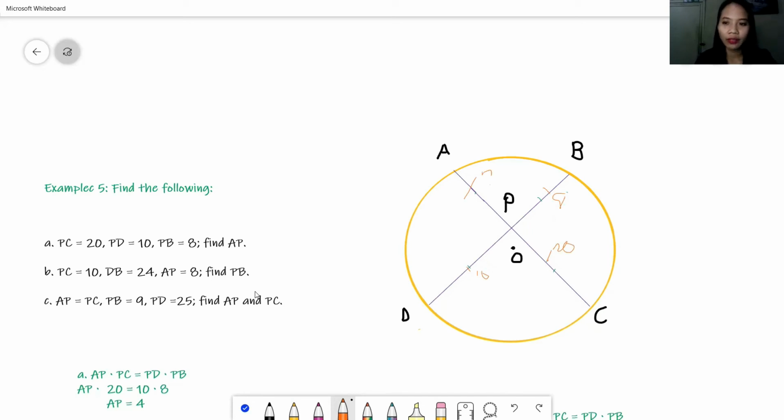So let us find the value of our line AP. In order to find it, AP times PC is equal to PD times PB.